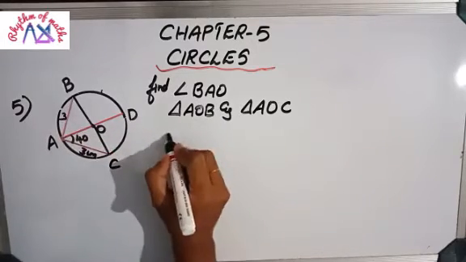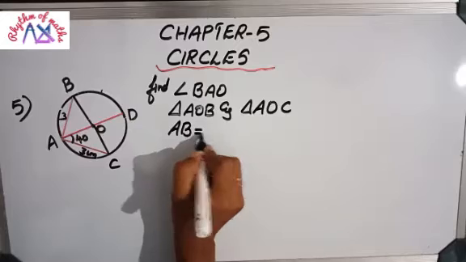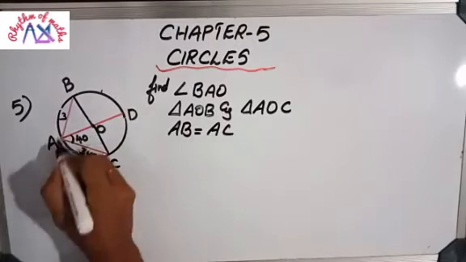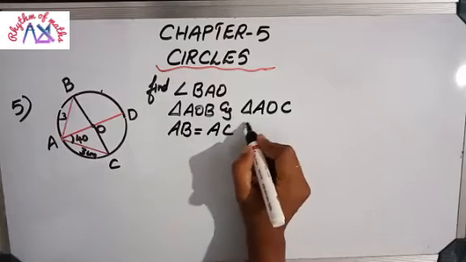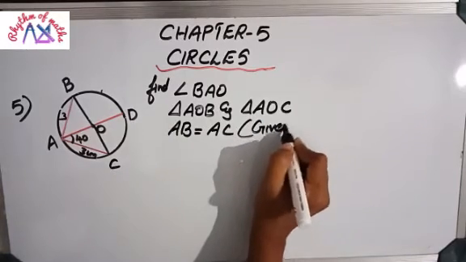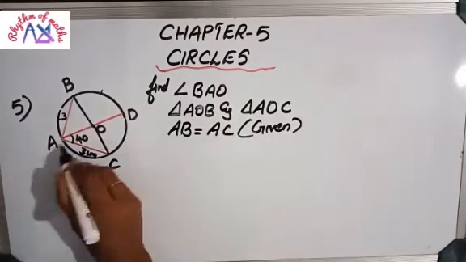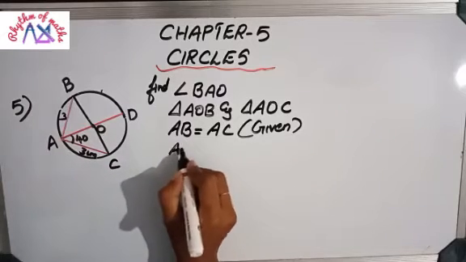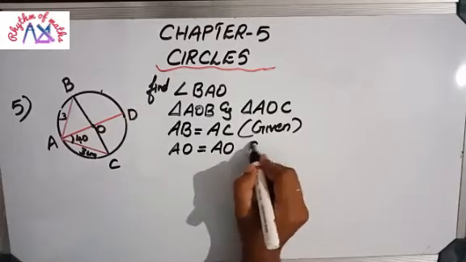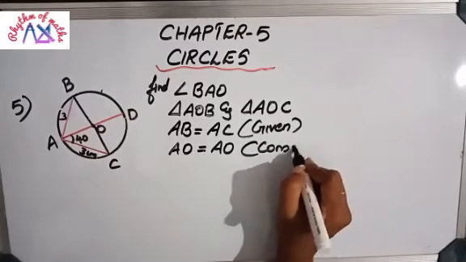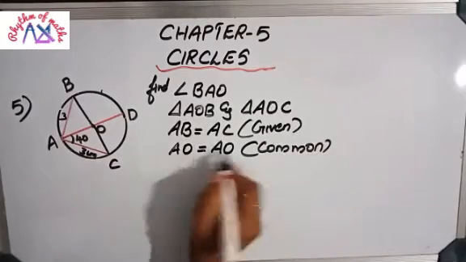You can see AB equal to AC. AB of the first triangle and AC of the second triangle are equal, that is 3 centimeter, given in the question. Next one is AO. AO equal to AO, that is the common side.